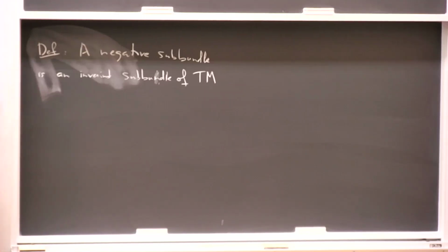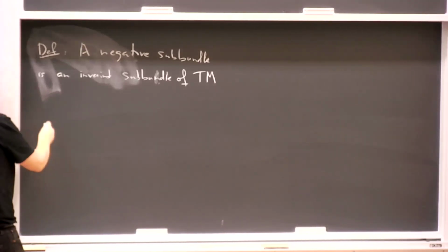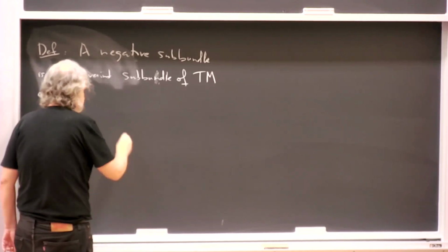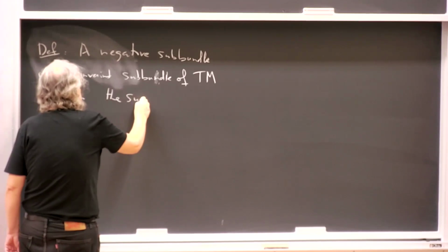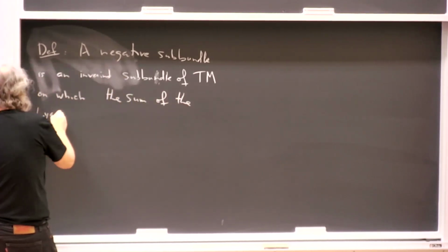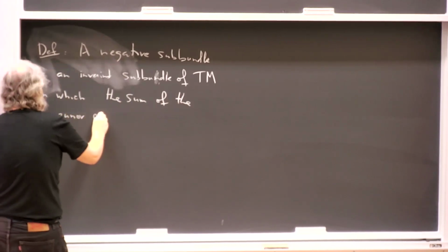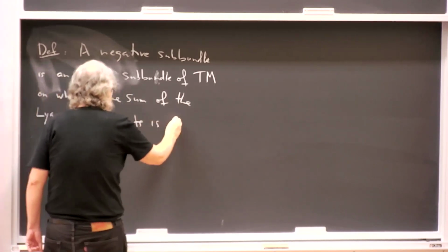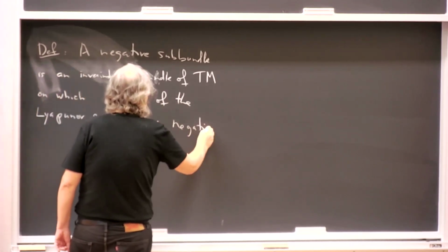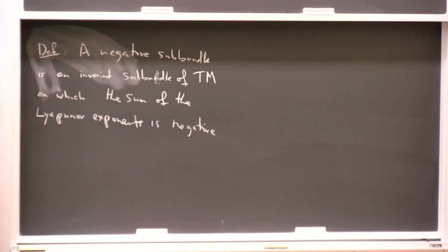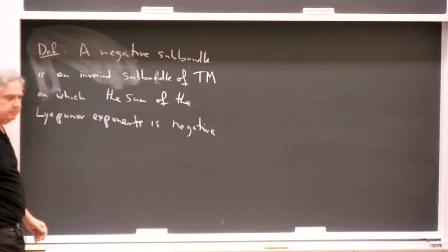Invariant means invariant by both F1 and F2, on which the sum of the Lyapunov exponents is negative. The sum just means the volume of that subbundle contracts.